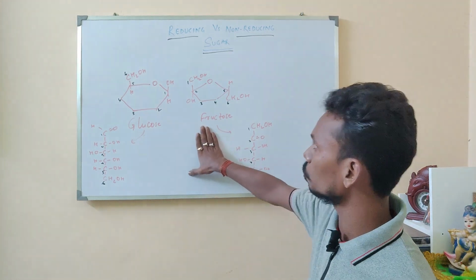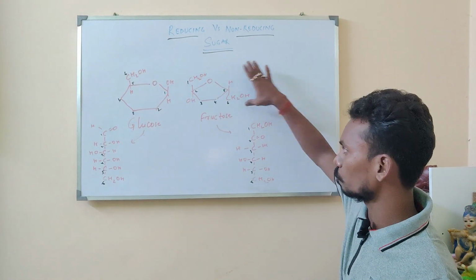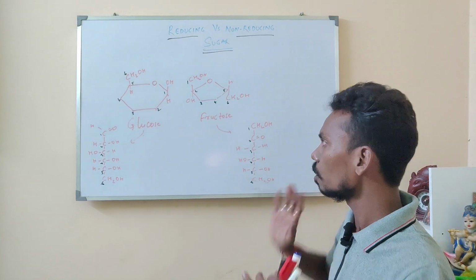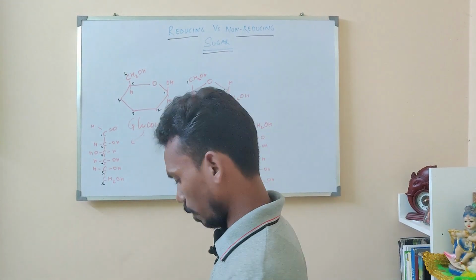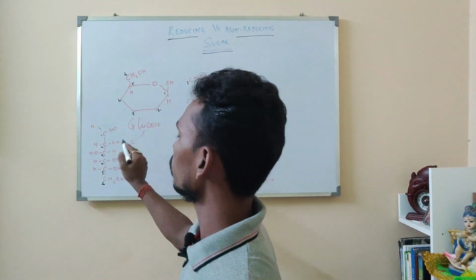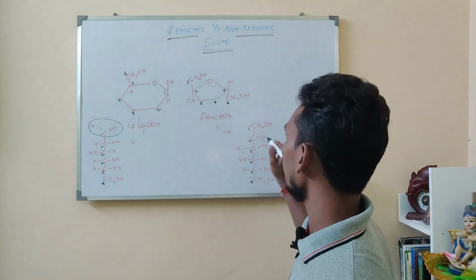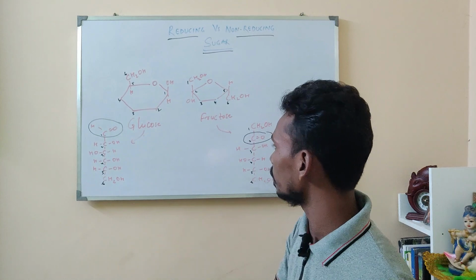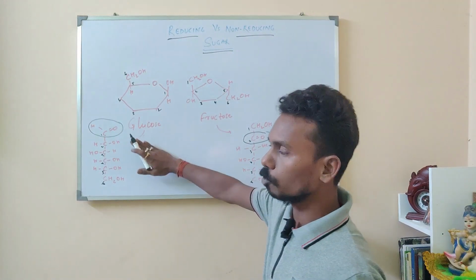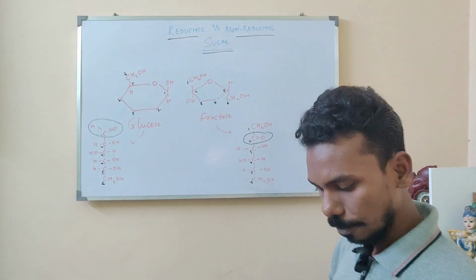Now talking about fructose, this one is the Haworth projection of fructose and this one is the Fischer projection of fructose. Let's see. This is the aldehyde group present in carbon number 1 and this one is the ketone group present in carbon number 2 for glucose and fructose respectively.